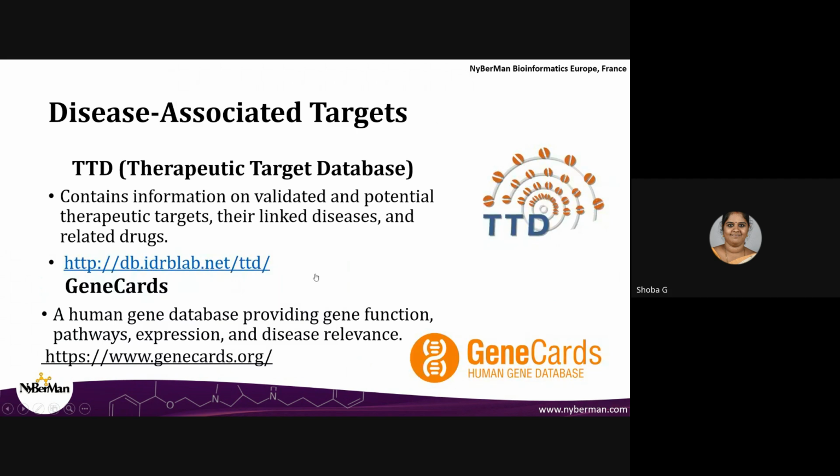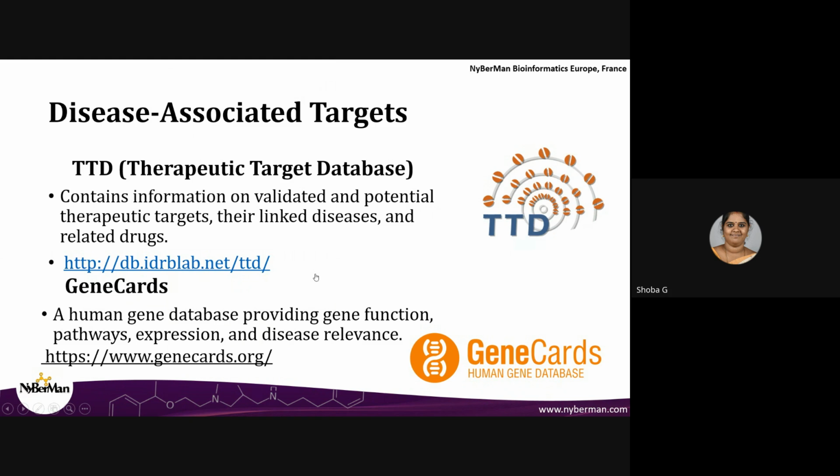And coming to the databases for disease-associated target genes collection, we use two databases here: the therapeutic target database and the GeneCards database. Therapeutic target database is a highly curated database for the disease-specific targets. This database contains the information about the protein target.